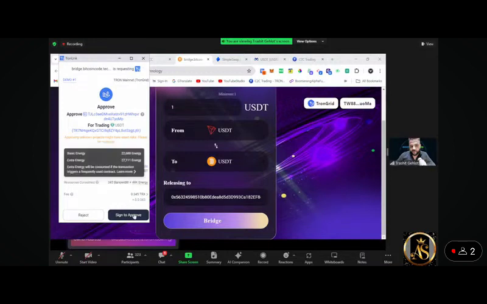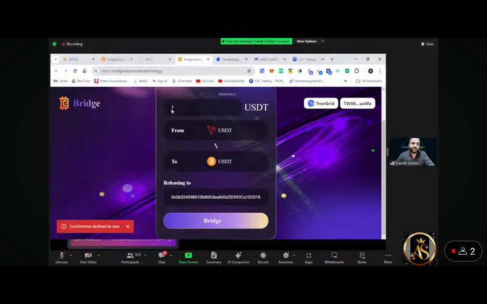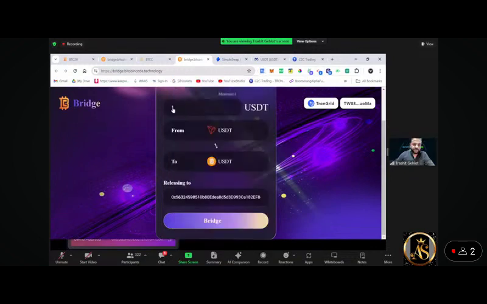So we sign in to approve. I'm sorry, we need to reject it. First, we need to put some value of USDT over here. I have like 20 USDT over here, almost $19 worth. Let me refresh this.